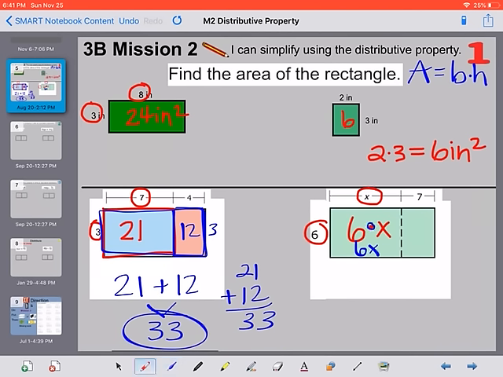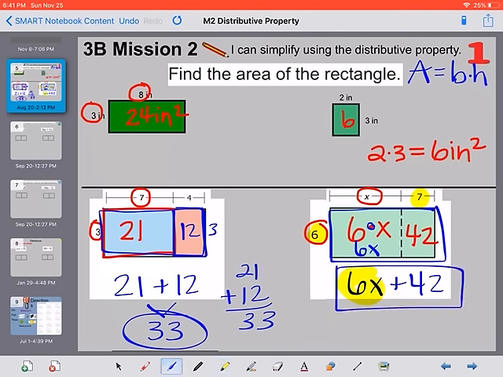So we normally just write them as 6x. And then multiplying 6 times 7, well, 6 times 7 is 42. So if we wanted the area of this entire piece, we would have 6x plus 42. We cannot combine these two pieces together because this one has an x with it and this one does not. So this is our answer, 6x plus 42. That's the area of that entire green rectangle.